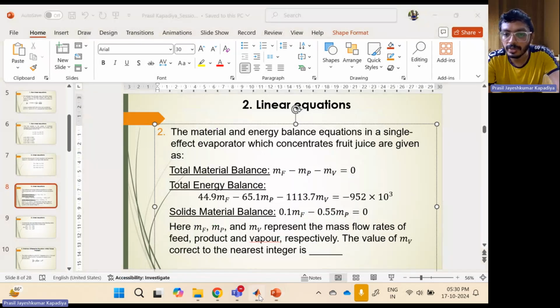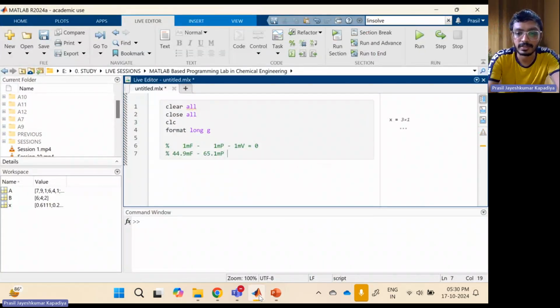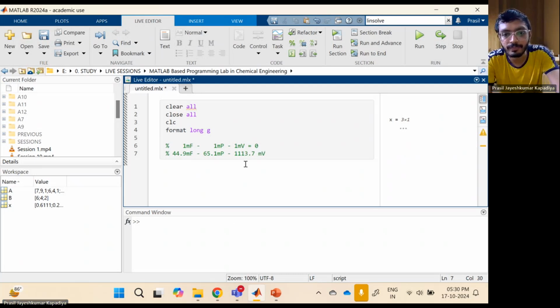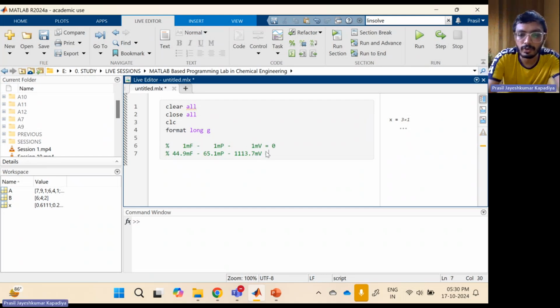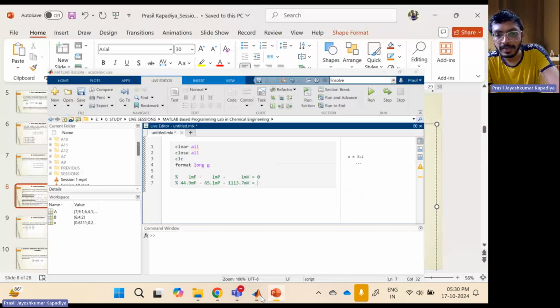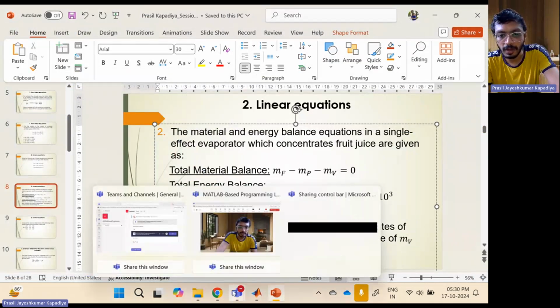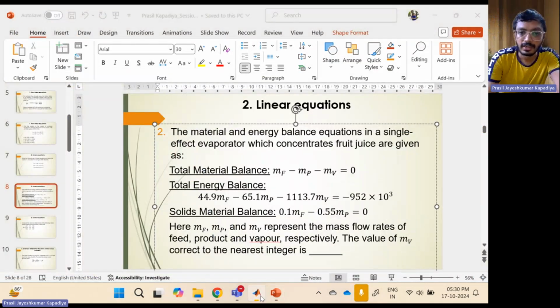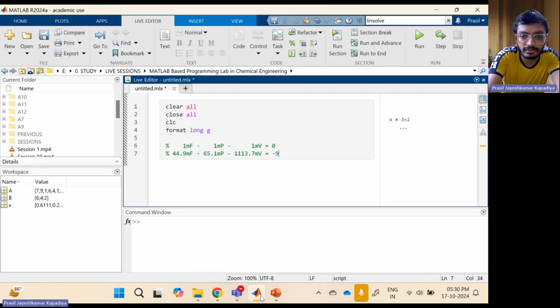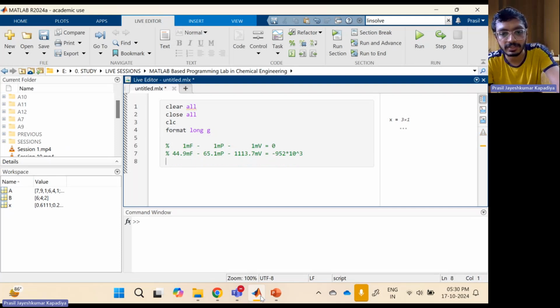Minus 1113.7 MV is equal to minus 952 into 10 raised to 3. This is my second equation.